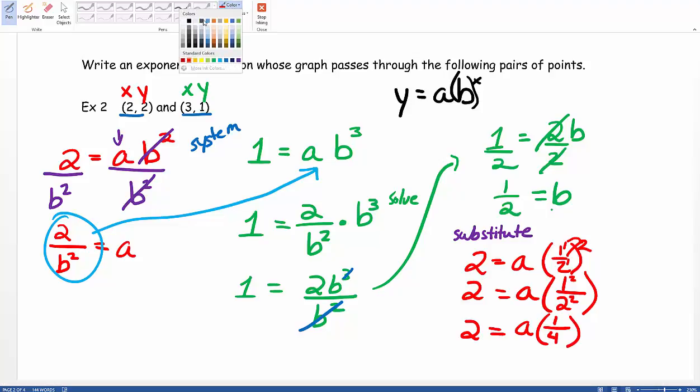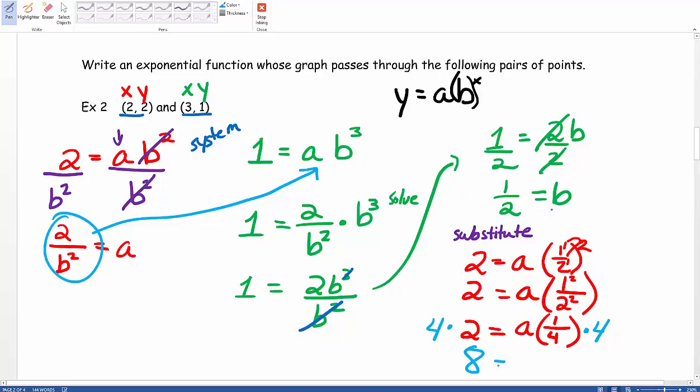And then lastly, to solve for a, we just have to multiply both sides by 4. 4 times 2 will give us 8 equals, on the right side, a fourth of 4. Those will just cancel out, leaving us just our variable a.